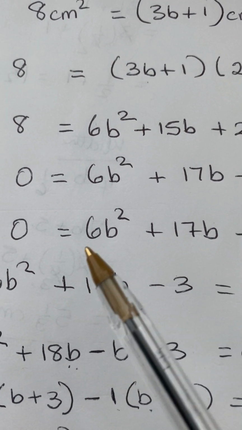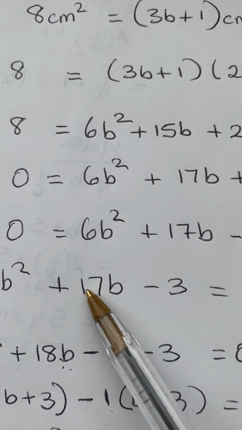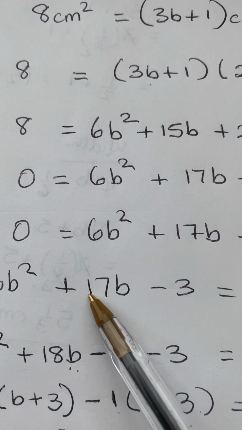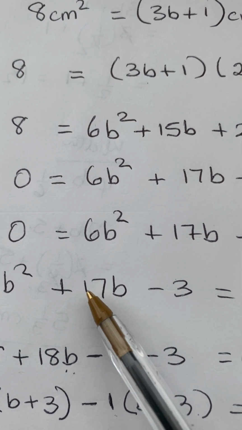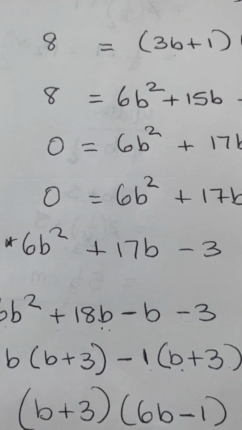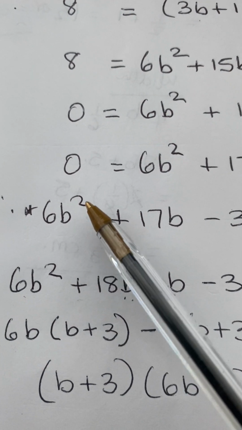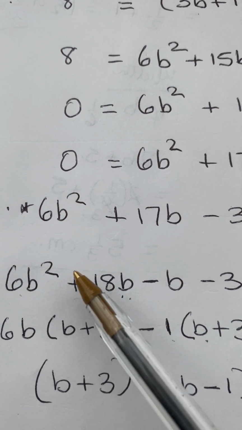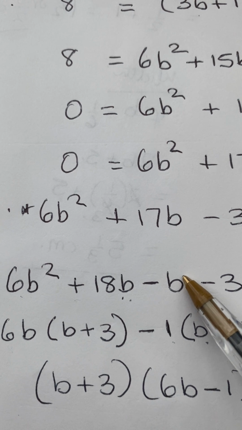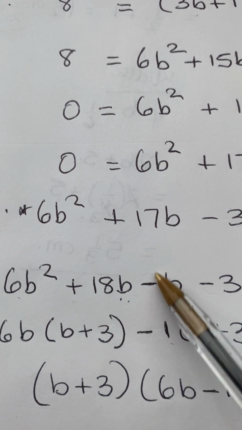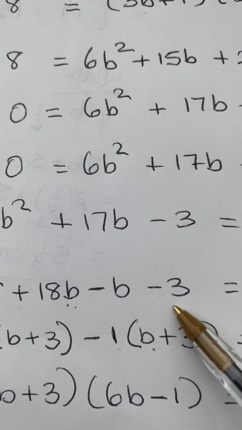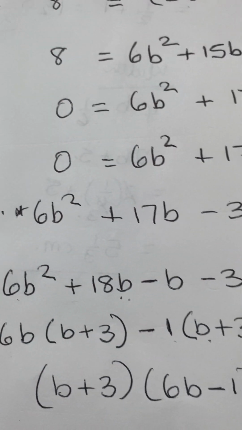Now instead of 17b, we are going to replace it by 18b minus b. I'll show you what I mean. So 6b squared plus 18b minus b minus 3 equals 0, which simplifies to 6b squared plus 17b minus 3 equals 0.